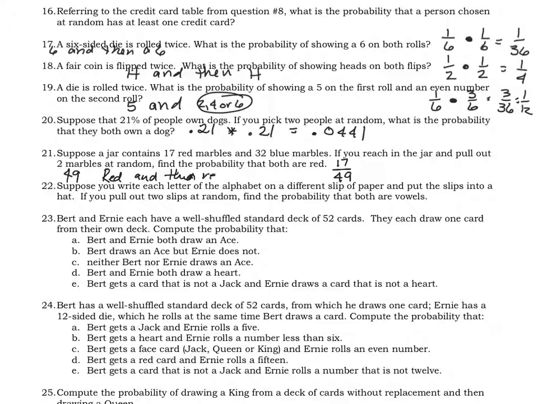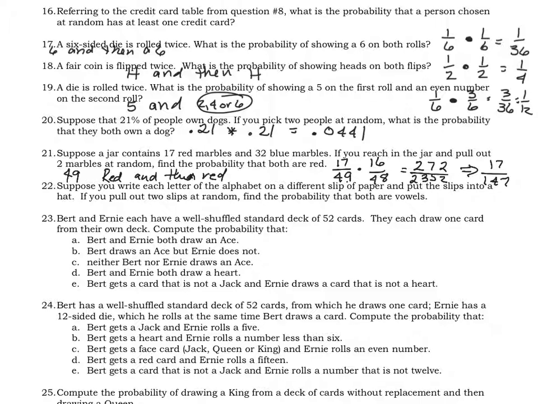You've taken 1 red marble out, so we have 16, and there were originally 49 marbles, now there's 48. We multiply across, and depending on the kind of calculator you have, we could have 272 over 2,352, or some of us have calculators that will reduce it for us to 17 over 147.